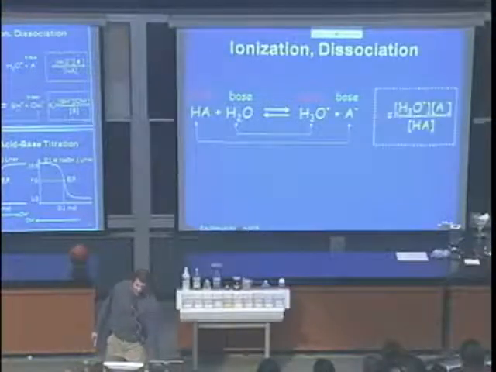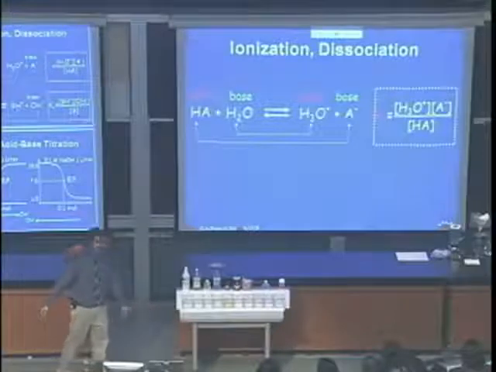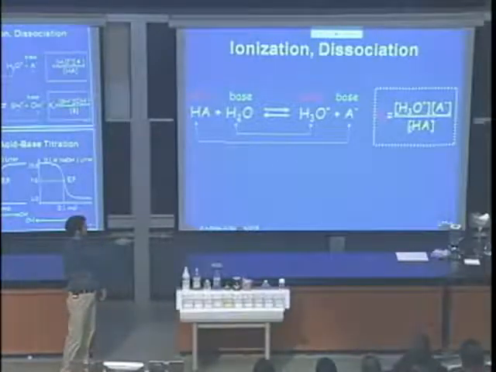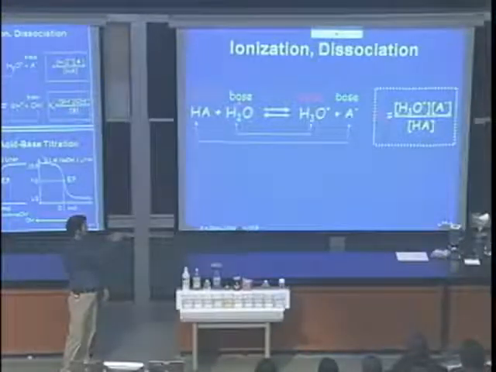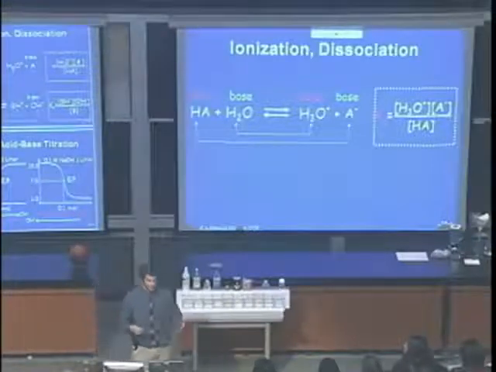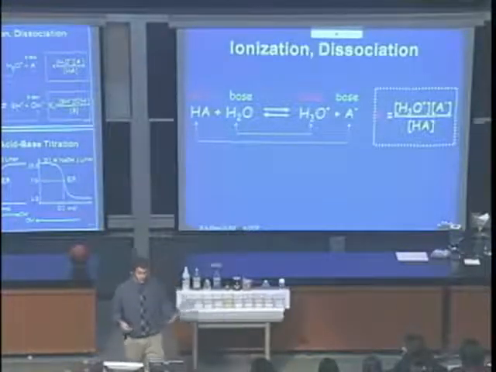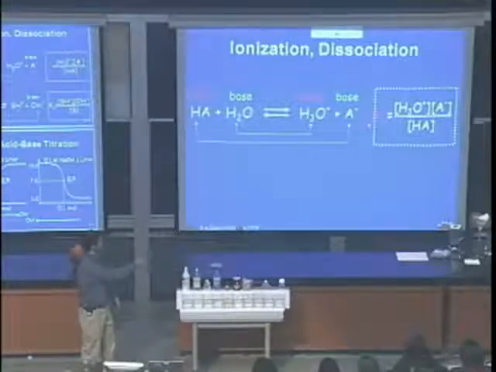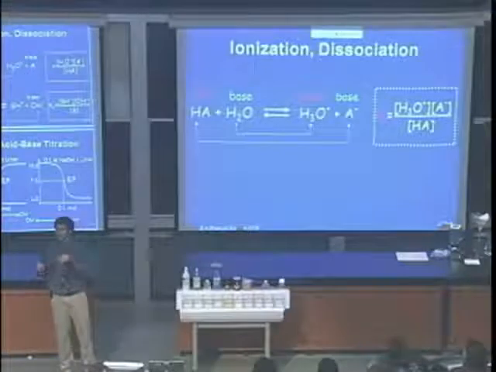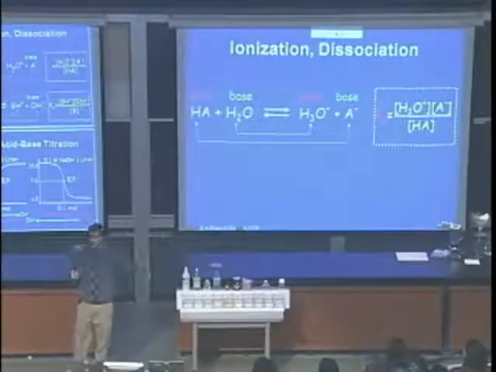And we have this equilibrium constant right here. Where's water? Where are you going? Nowhere. Water's a liquid, so it's a pure phase, so it's not going to be in our equilibrium expression. And we call this equilibrium constant Ka, and the subscript A indicates that it's an acid dissociation constant.